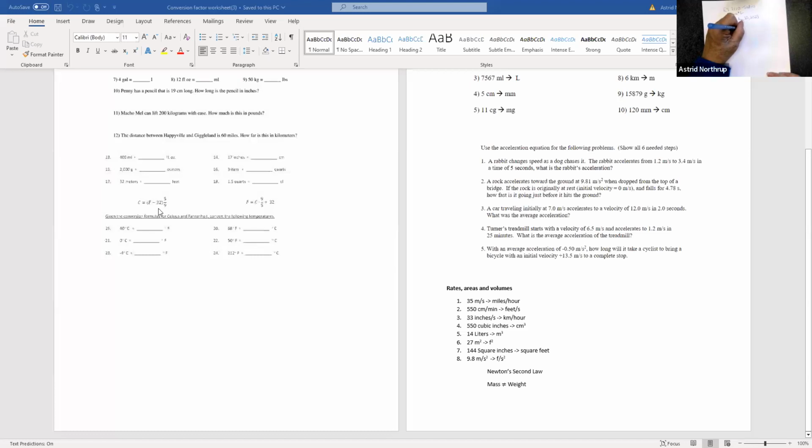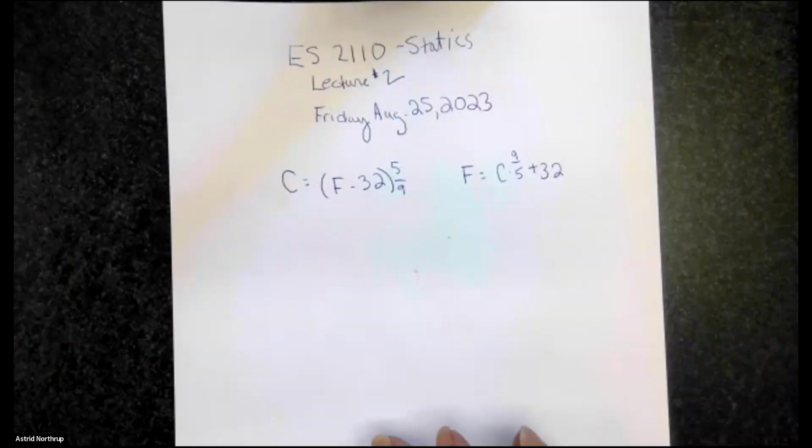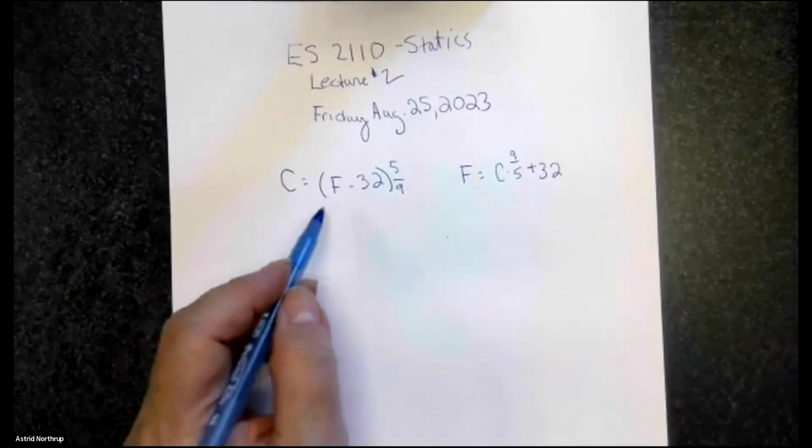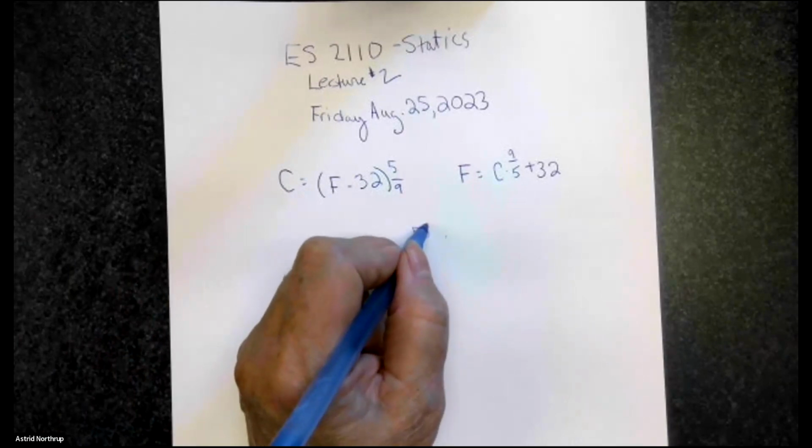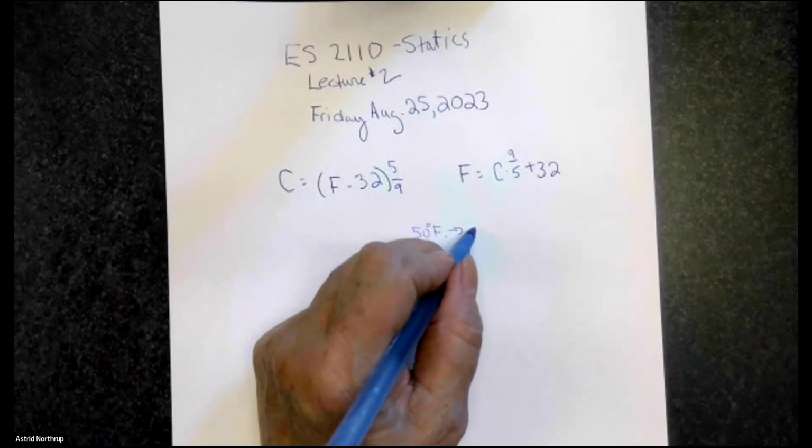So the thing that I would like to point out with these formulas is, if you notice, the Fahrenheit formula does not have a parentheses. So in other words, you do the multiplication first, and the Celsius formula or centigrade formula does have parentheses, so you do the subtraction first. So coming back over here to our screen, if you were given something, for example, and it said, what is 50 degrees Fahrenheit in degrees Celsius?